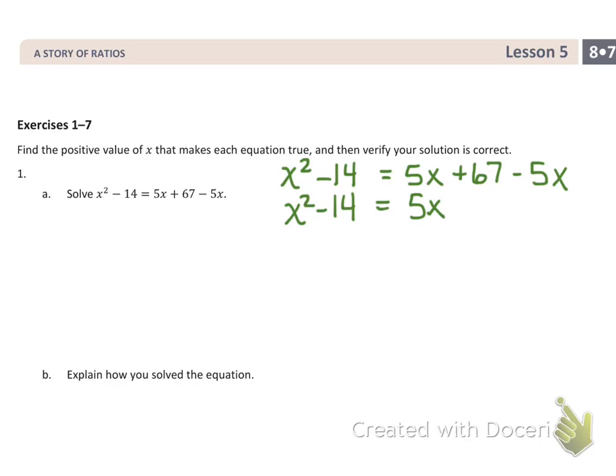So x squared minus 14 is equal to 5x. Now I'm going to think of this as plus a negative 5x, right? So that I can move things around. So this will be 5x plus negative 5x plus 67. Okay, so I just use the commutative property to get those two terms together.